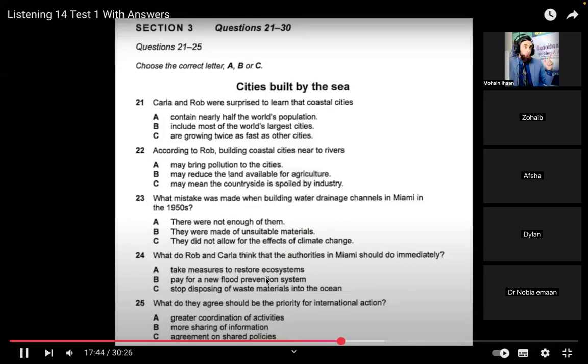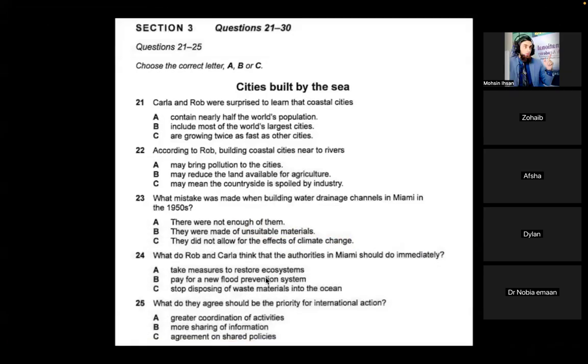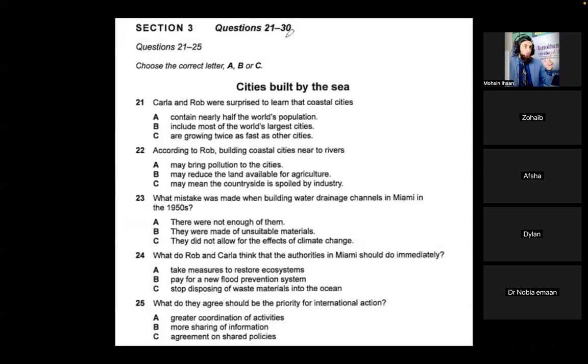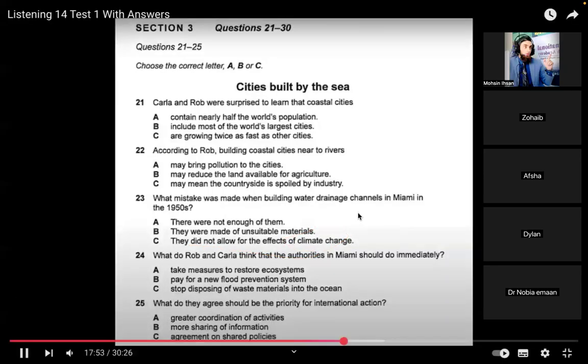No. Well, apparently back in the 1950s, they built channels to drain away the water in case of flooding. Sounds sensible? Yeah, they spent quite a lot of money on them, but what they didn't take into account was global warming. So they built the drainage channels too close to sea level, and now sea levels are rising, they're more or less useless.